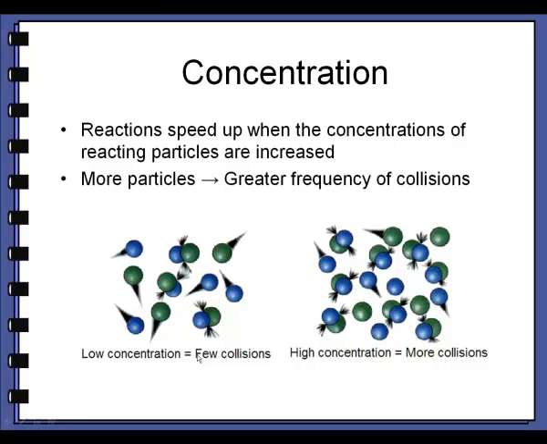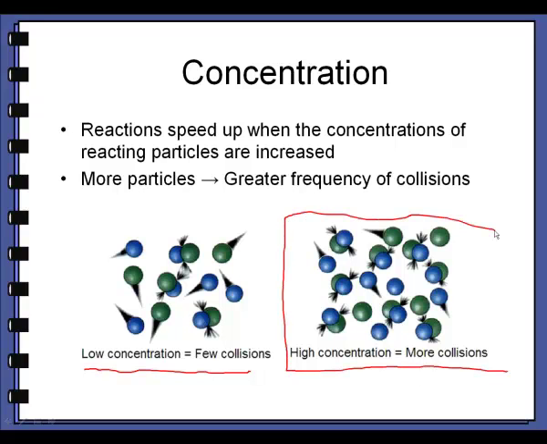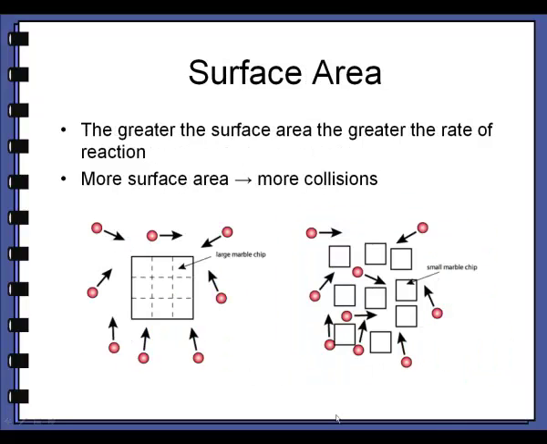The more collisions that occur, the more likely those collisions will result in the formation of products. So you can see in low concentration there are few collisions, whereas in higher concentrations more collisions are possible, and according to the theory you should get a faster rate of reaction as a result.